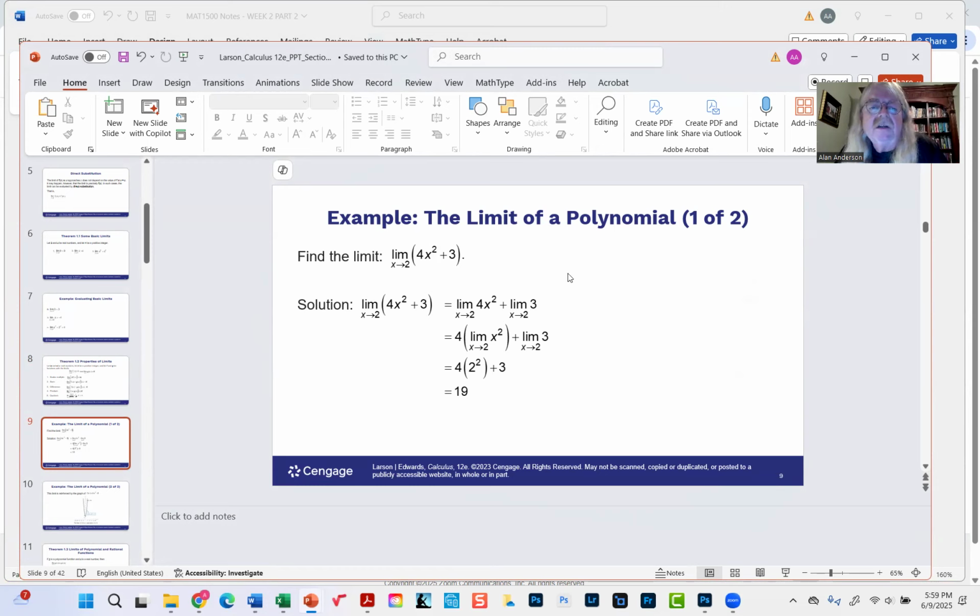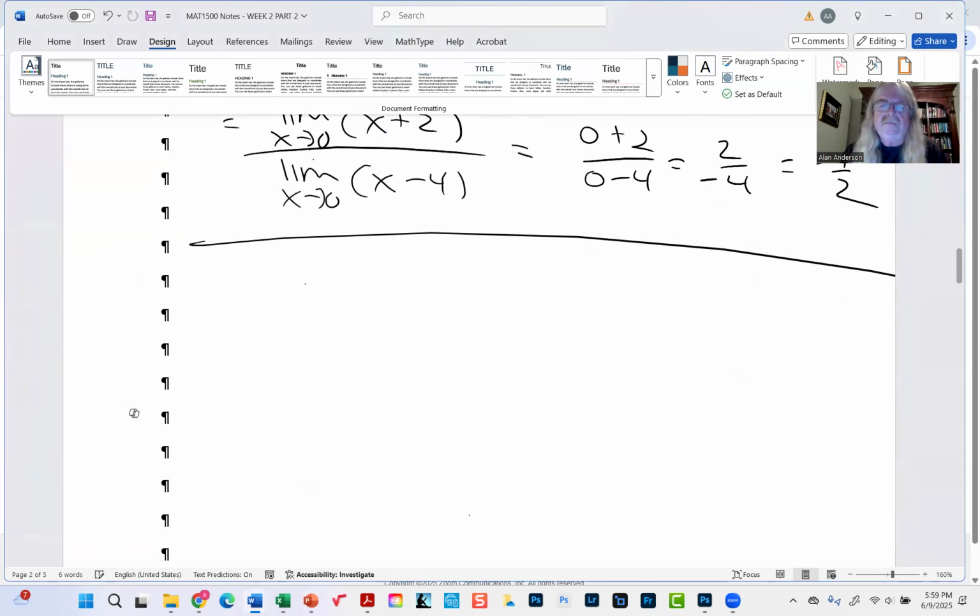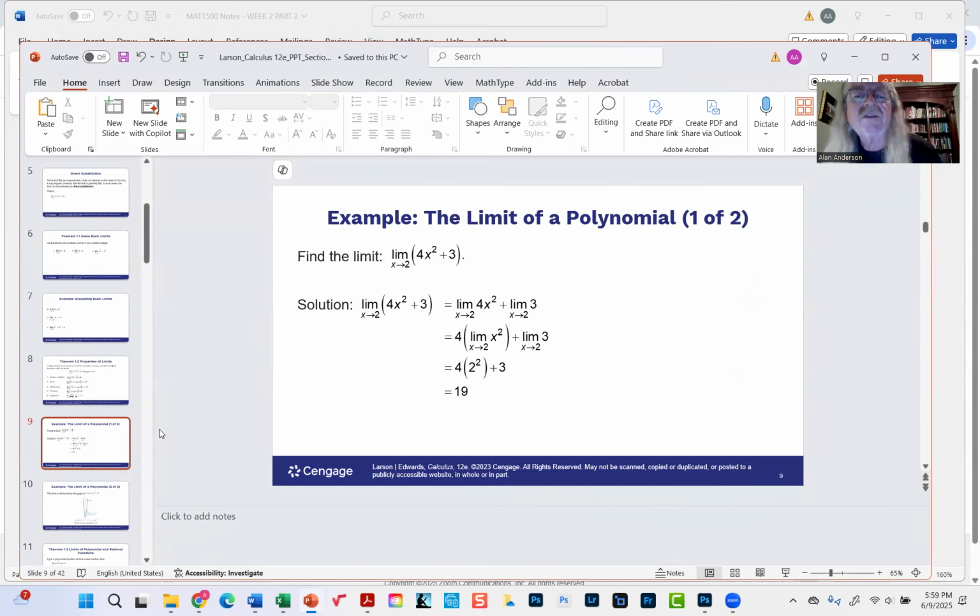Now here, they're going to give us another example of what we were just doing. The limit as x approaches 2 of 4x squared plus 3.